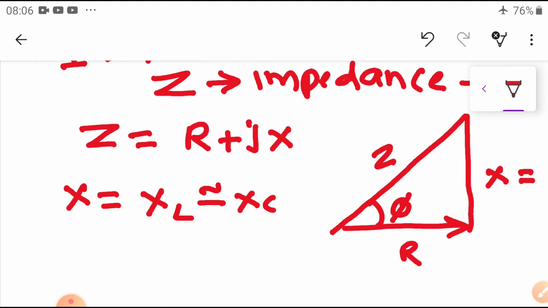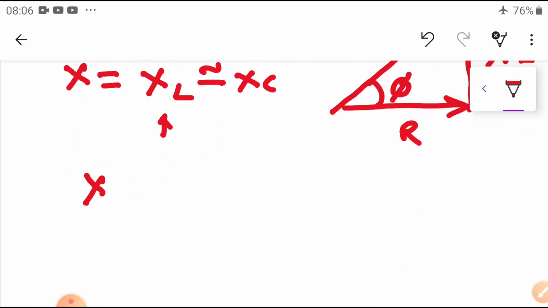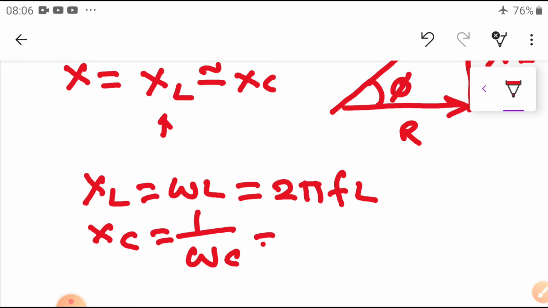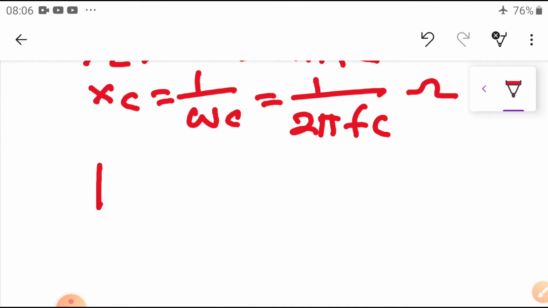Whatever the bigger value you have placed at the start, subtract the other from it. Where XL is equal to, just now we have seen, omega L, that is equal to 2 pi f L. XC is equal to 1 by omega C, that is equal to 1 by 2 pi f C. Okay. So, ohmic value and ohmic value.